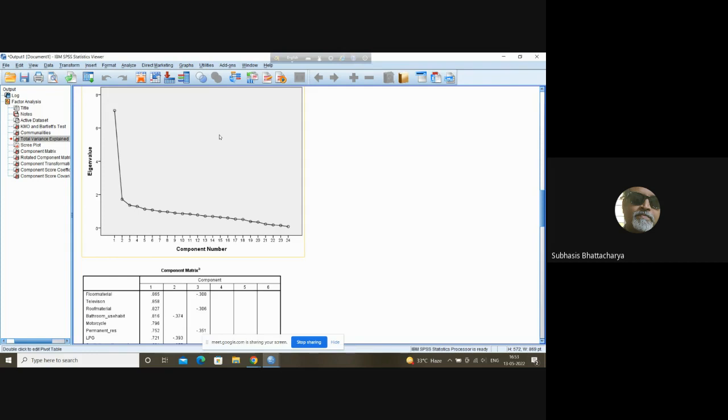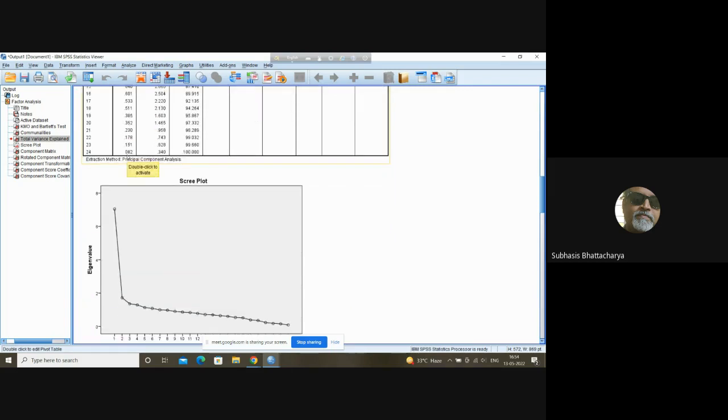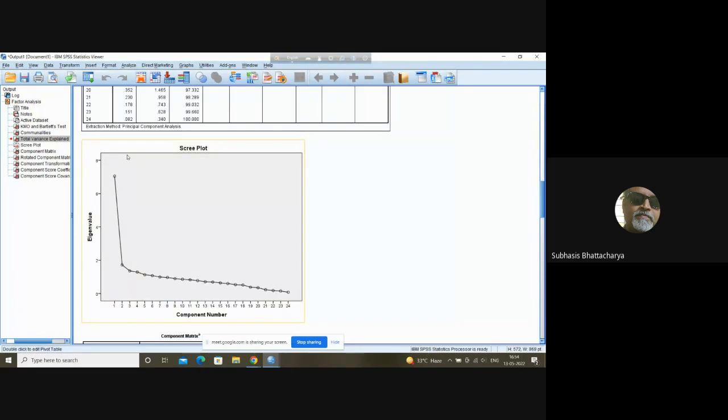From the earlier explanation, 6 components have eigenvalues greater than 1, but the scree plot shows a sharp decline in the case of factor 1 and factor 2.